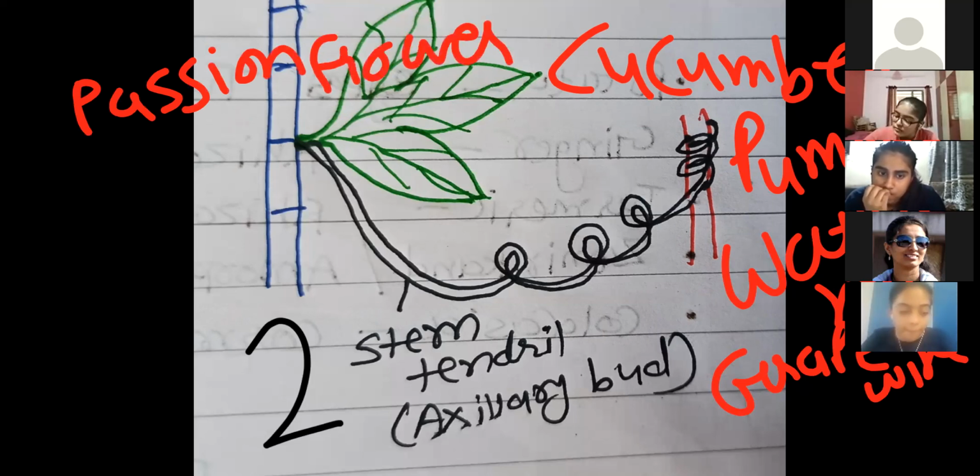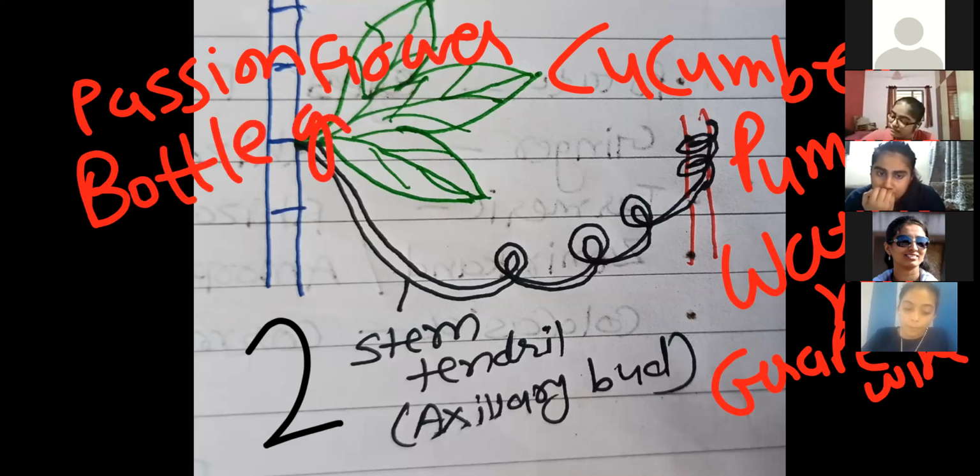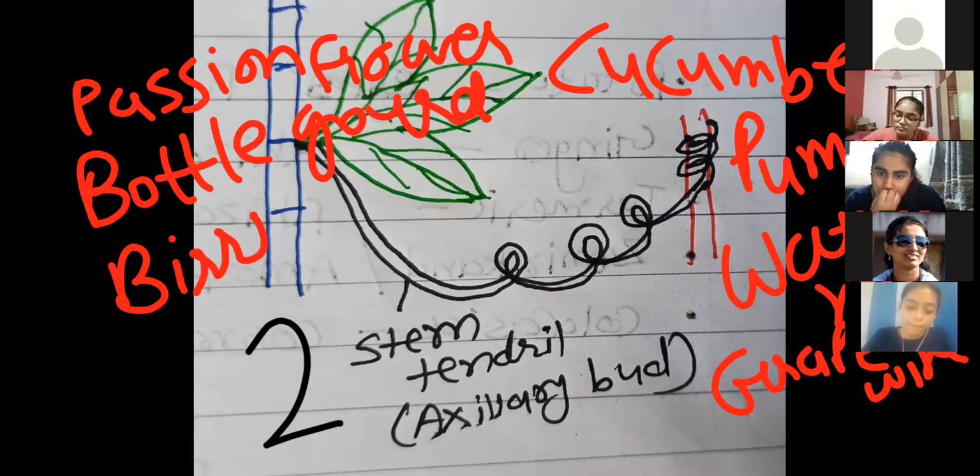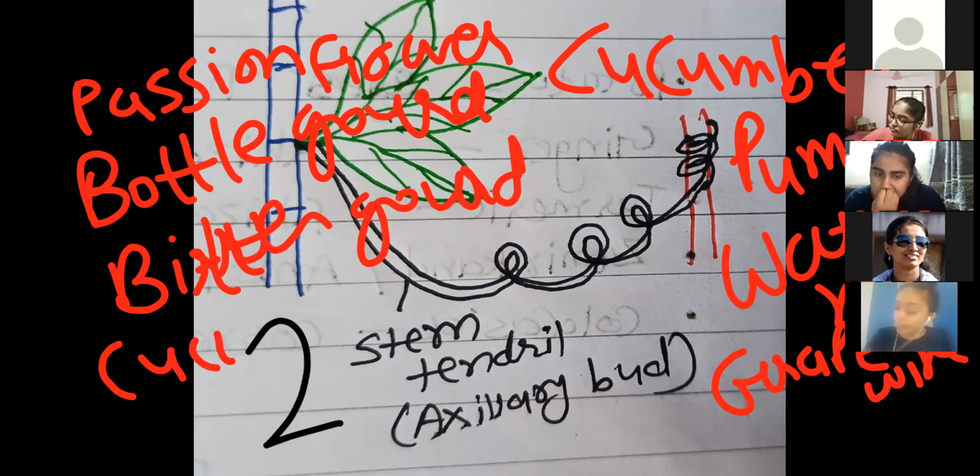Then next, the bottle gourd, dudhi, bitter gourd, karela. Cucurbita, not cucumber, cucurbita. So these are the examples.